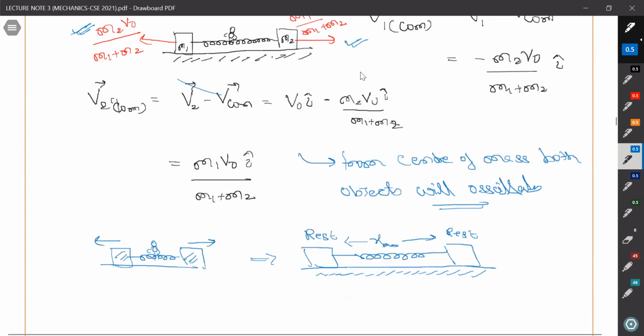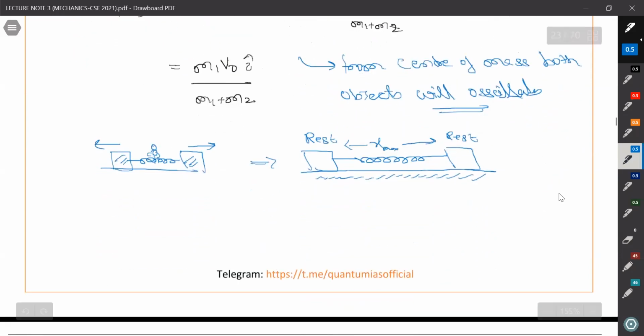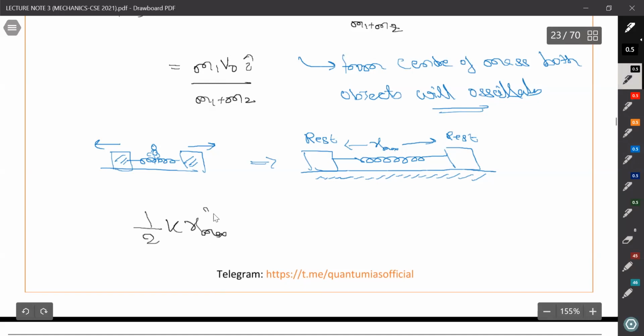So we can find the maximum elongation here, like half k x maximum square. So energy stored in the potential form will be equal to the net kinetic energy.